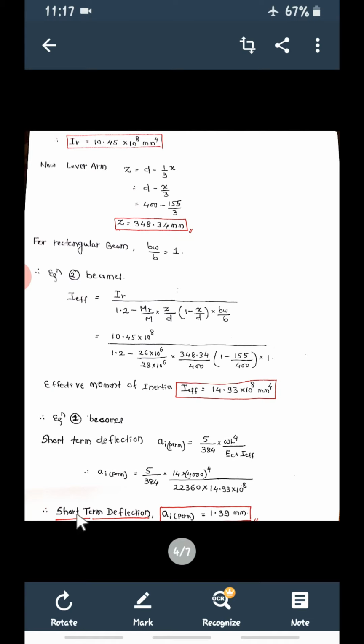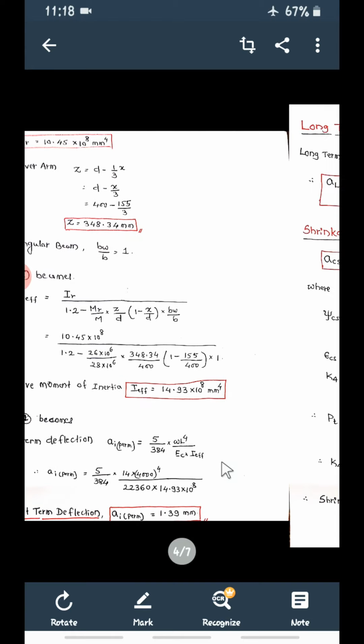So what will be the short term deflection? Short term deflection is denoted by a_i permanent, and it is equal to 1.39 mm. So immediately when the load comes on the beam, how much the beam is going to deflect, that is called the short term deflection, 1.39 mm.